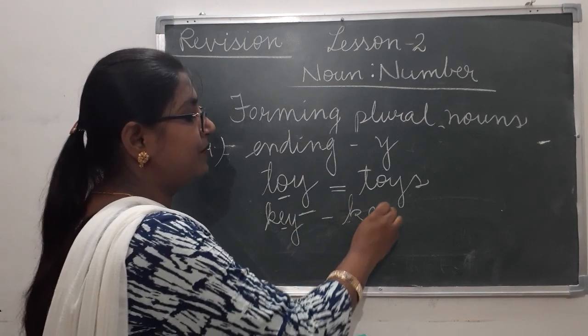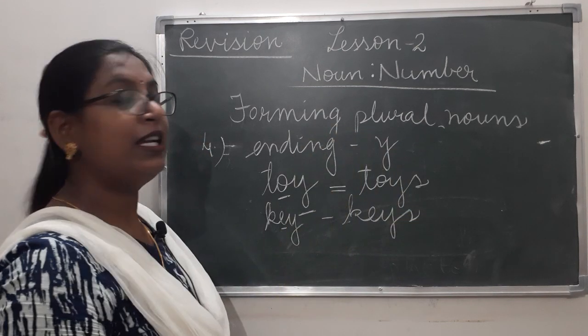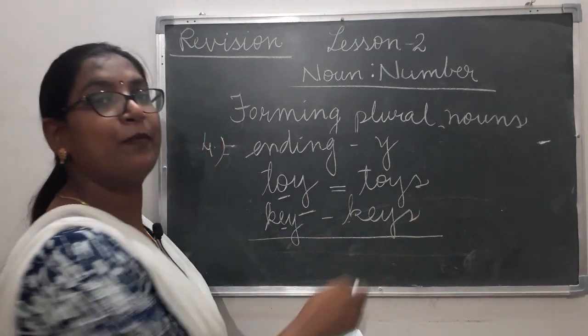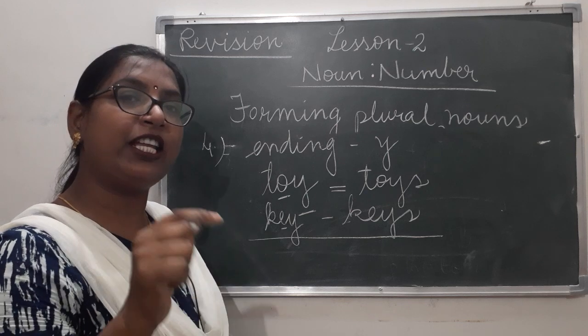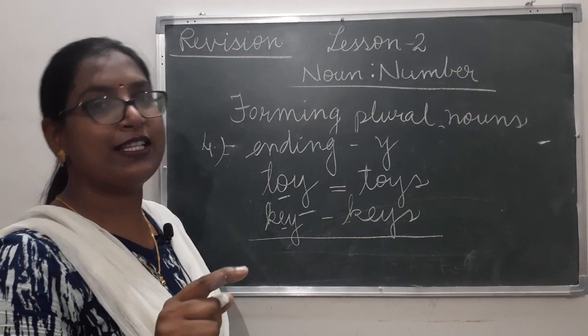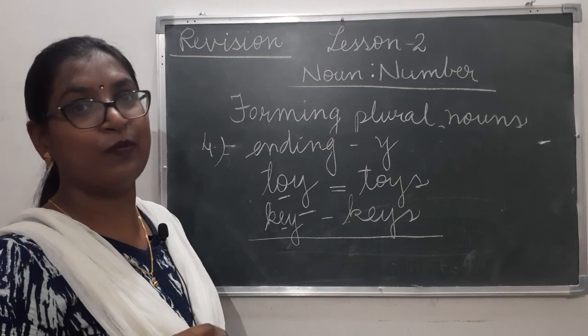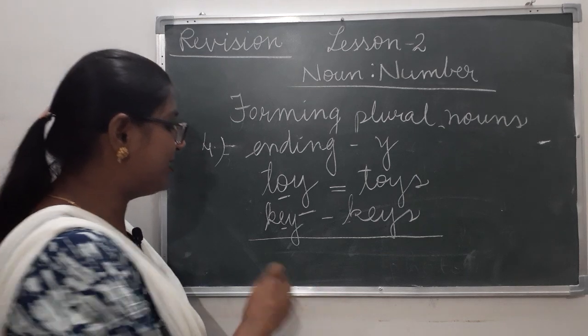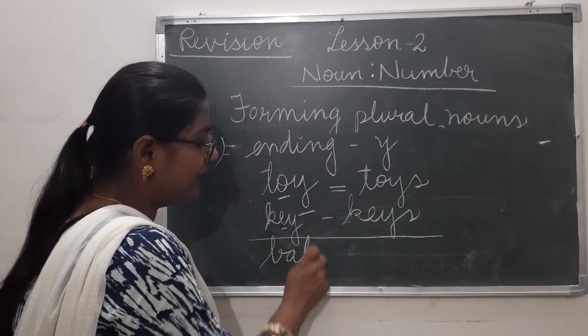So it becomes keys. And dear children, when the word is ending in Y and before Y any consonant comes, in that case Y is changed into I and we add ES with it. Let us see the example. Baby.